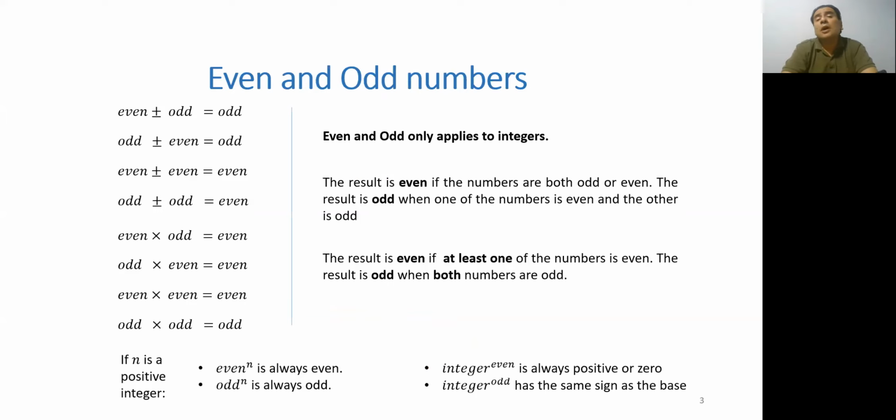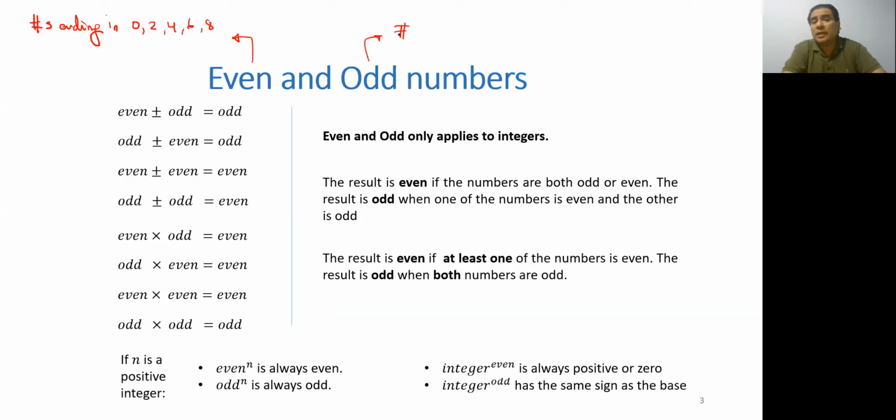The first property of integers is even and odd numbers. Even numbers are numbers ending in 0, 2, 4, 6, 8. And what about odd numbers?